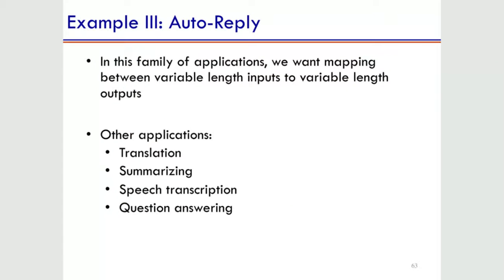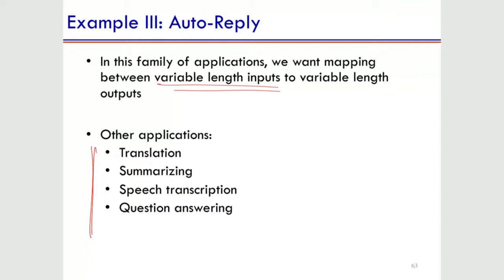Now next are different applications. Maybe I will not go into each one of them. Things like auto reply, which you already have in Google's products, like Google Mail. You have a variable length input, which is the previous email, and you want to get a suggestion for what to reply. Another application is translation, which is I guess the canonical or gold standard application.